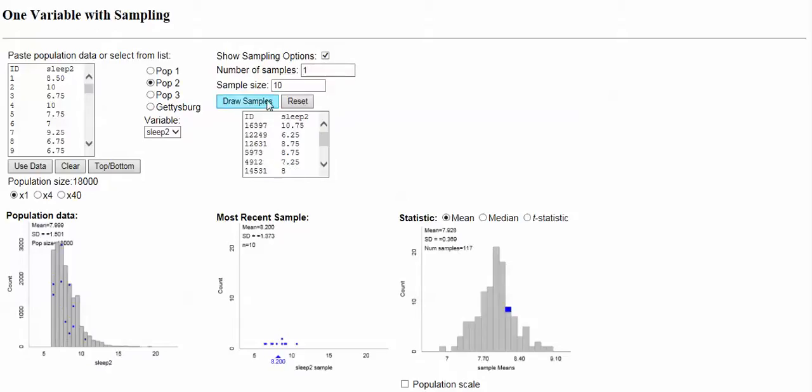So the shape still ends up having a positive skewness, just like the population. It's maybe not quite as skewed, but it's still following that positive skewness.